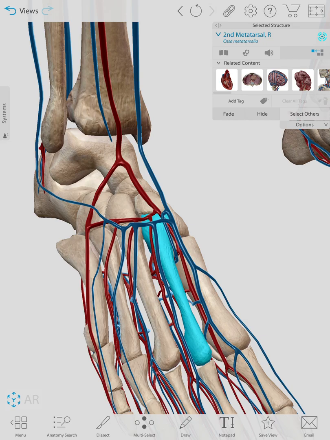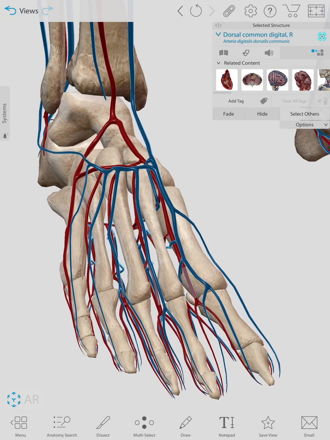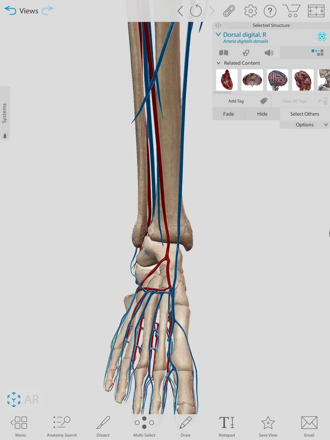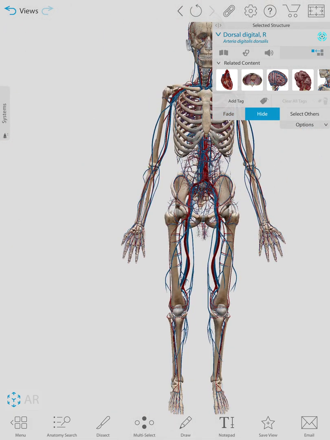These that run right next to them are your dorsal metatarsal arteries. From here, we go into our digital arteries. We have a common and a proper digital artery here, a common dorsal, and then we have our dorsal digital here as well. So that's going to be the walk through and the blood trace from our hand to our foot.